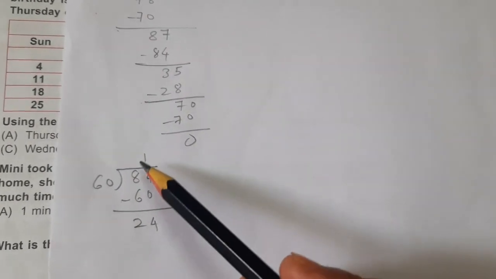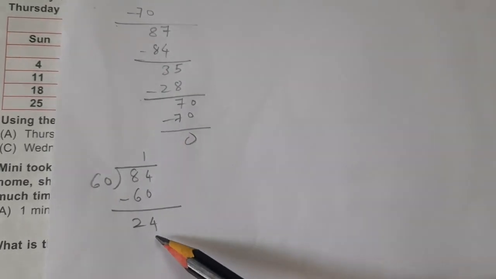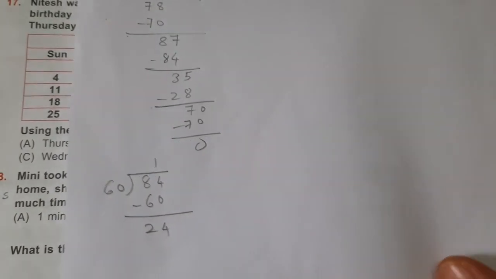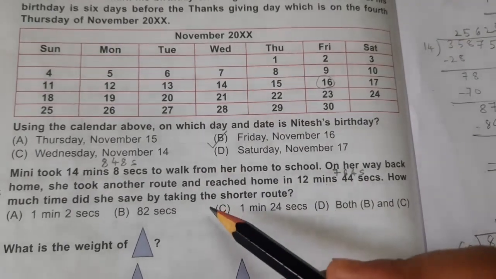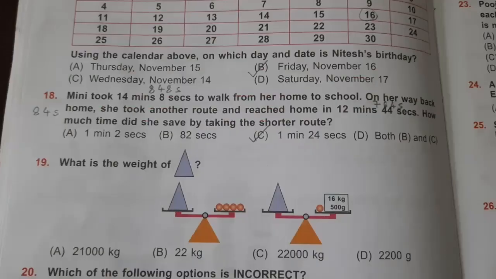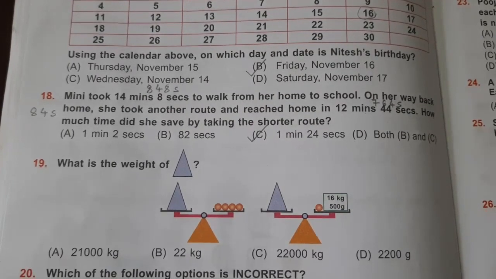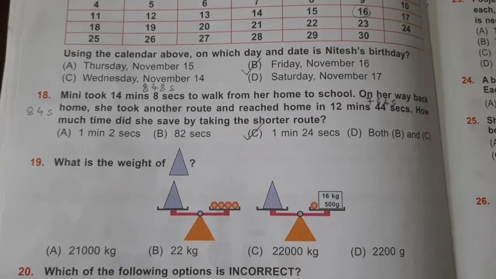So this quotient will become the minutes and the remainder will become seconds. So 1 minute 24 seconds should be the answer to this question. If you look at the options given, option C is 1 minute 24 seconds. Please tick it. Moving on to the next question, question number 19. What is the weight of the triangle?